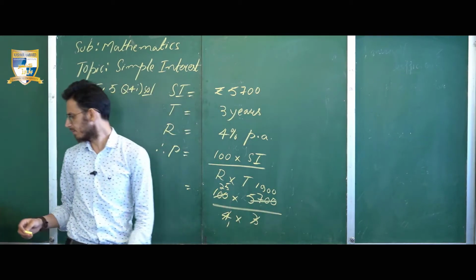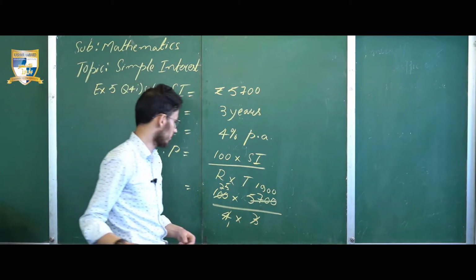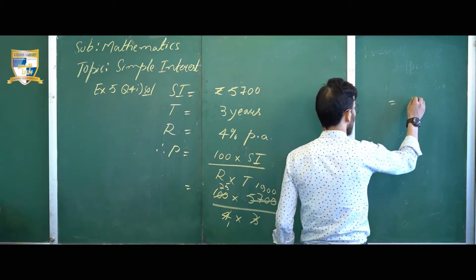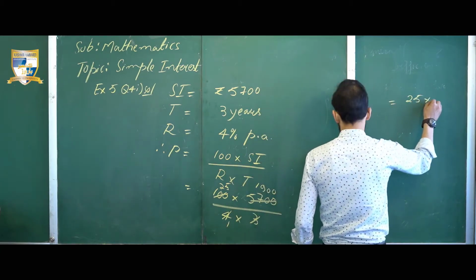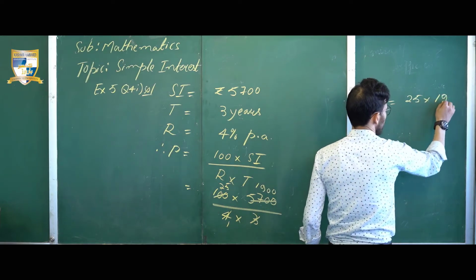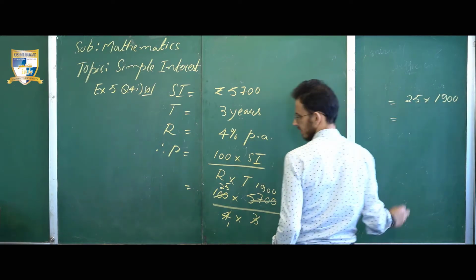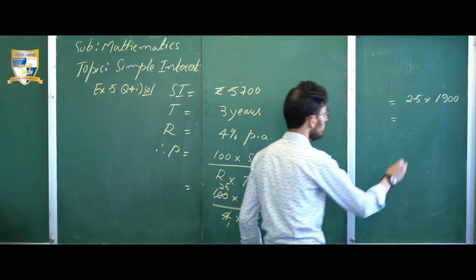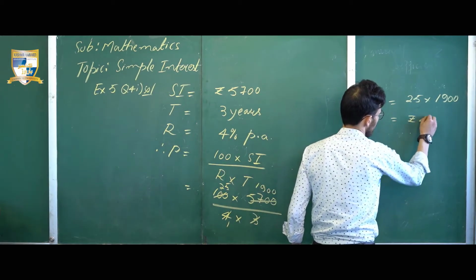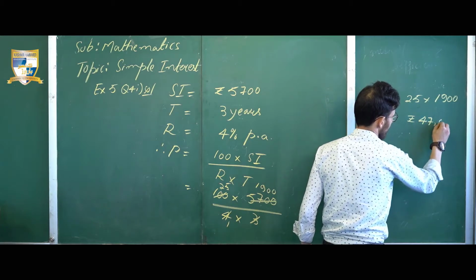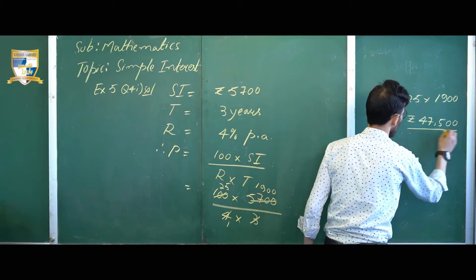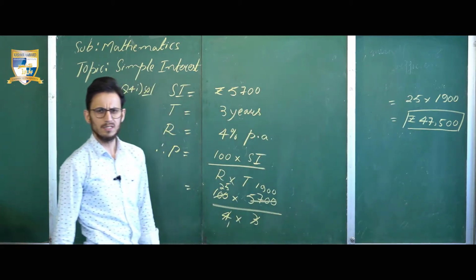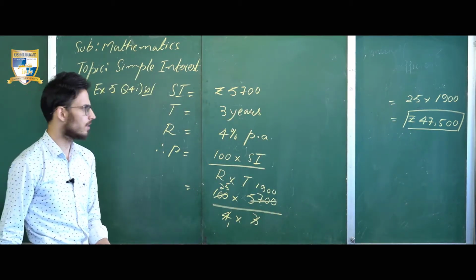Now 25 when multiplied by 1,900, we get the answer. 25 multiplied by 1,900, after calculating, is equivalent to 47,500. It means our sum, or we can say our principal, is equivalent to 47,500, which is the requirement of the equation.